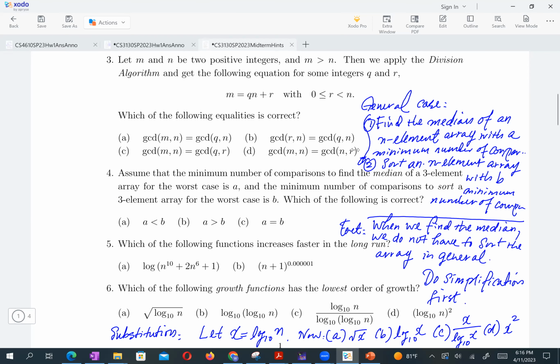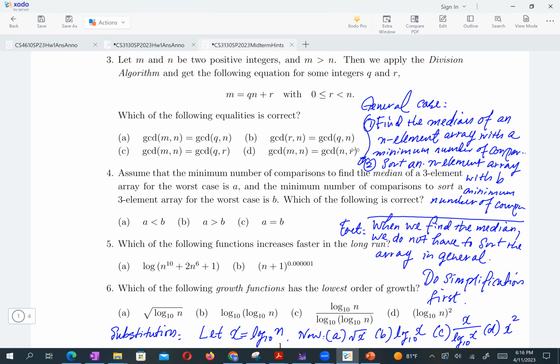Because our goal, we only need to identify which one is the median. We only need to get the information that is enough for the median. We do not need to get all the elements in order, right? That's too much work.